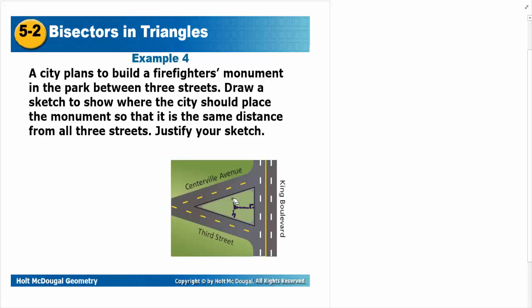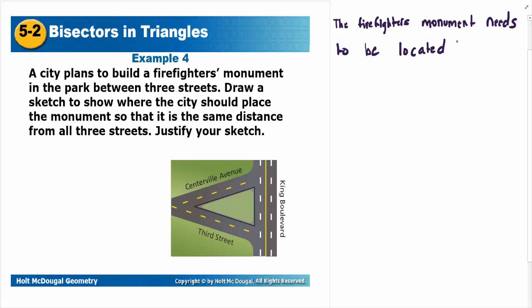Justify your sketch. So here's how you justify it. All you have to do is say the firefighter's monument needs to be located at, in this case, we'd be doing 3 angle bisectors.